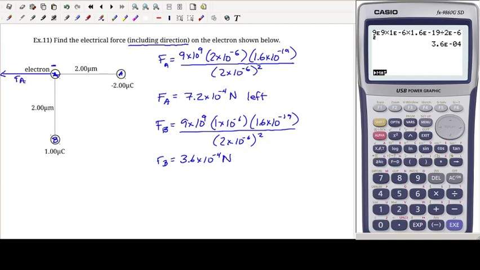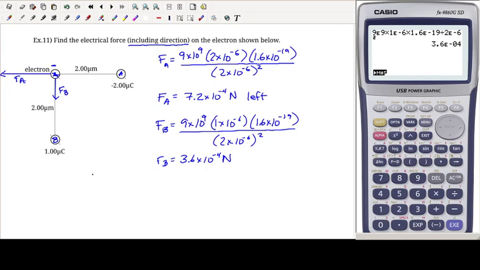And my negative electron is going to be attracted to my positive 1 microcoulomb charge. It's going to be attracted downward, and that force vector is about half the size. So if I want to find the magnitude and direction of the net force, I need to add these 2 as vectors. Fortunately for you and for me, this is a right angle triangle.